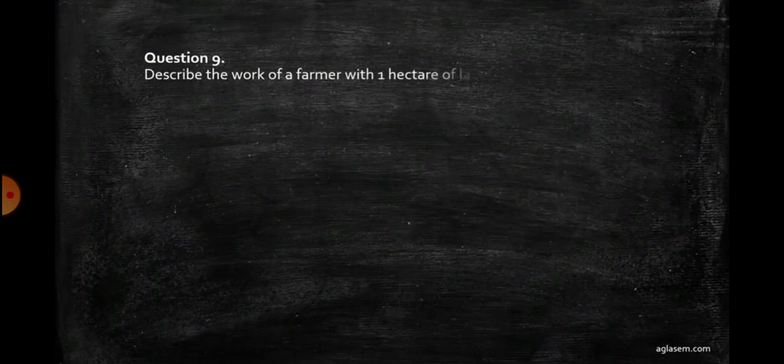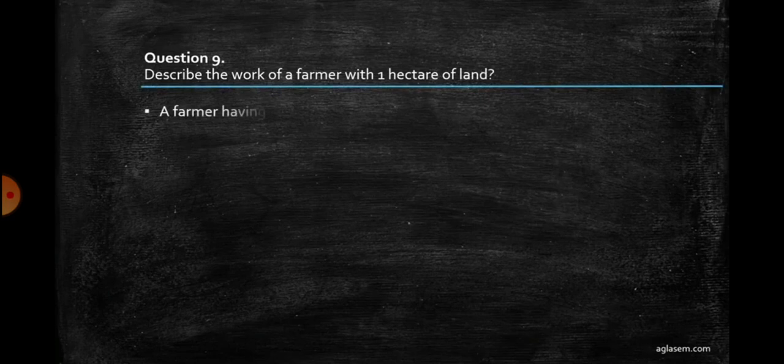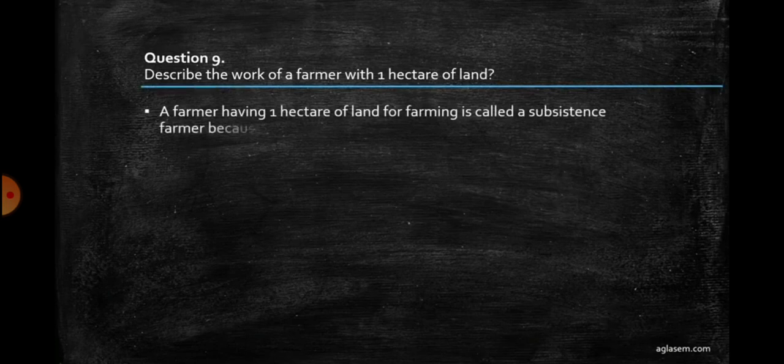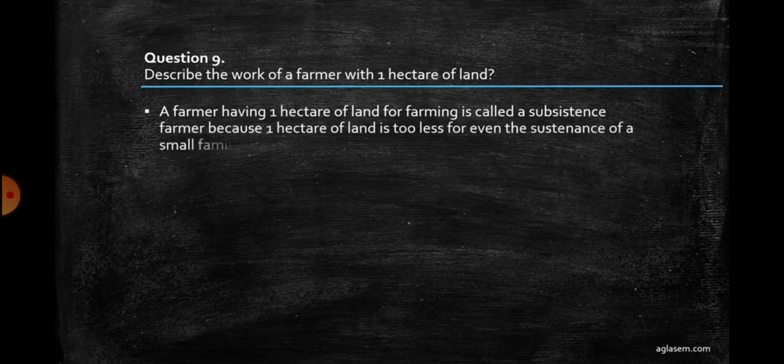Our next question: describe the work of a farmer with 1 hectare of land. A farmer having 1 hectare of land for farming is called a subsistence farmer because 1 hectare of land is too less for even the sustenance of a small family.